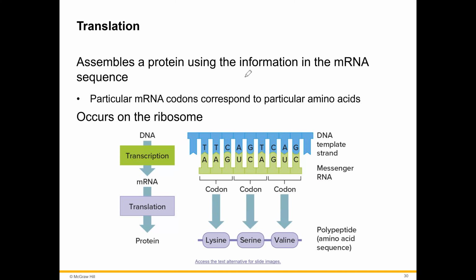Particular messenger RNA codons correspond to particular amino acids, and the process occurs on the ribosome. So that's our goal, our central dogma. We go from DNA, where we have the information on how to make insulin, for example. We need to find this gene and make a copy of it through transcription, and that copy is called mRNA. Now we use the information in mRNA to translate it into protein.